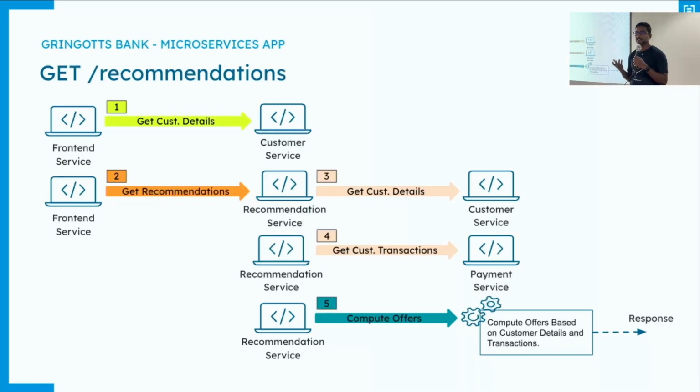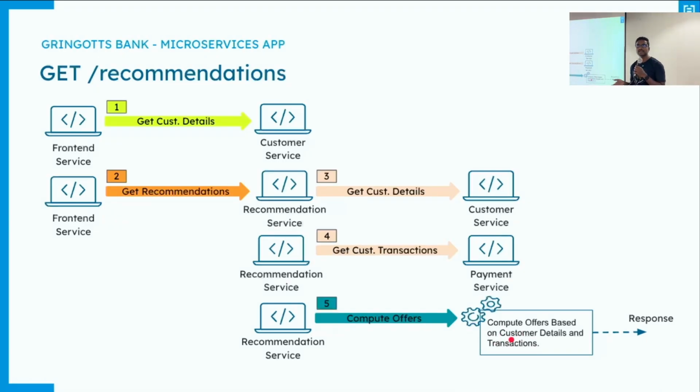Now, the recommendation service is where all the computation happens, based on the customer details and the transactions of the customer. It's going to generate some offers. It gets the customer details from the customer service, and it gets the transactions from the payment service. Once it gets both, it executes some rules internally and comes up with some offers.